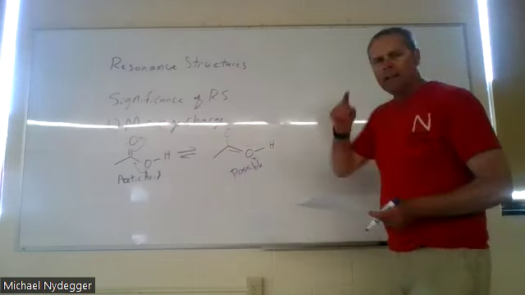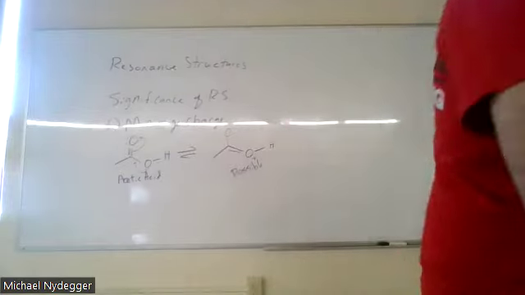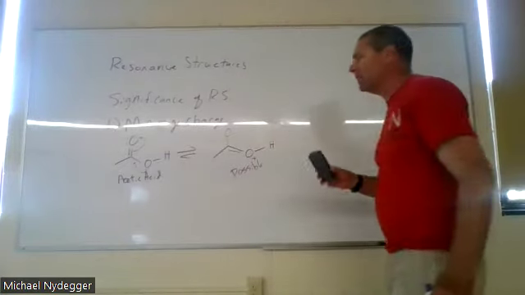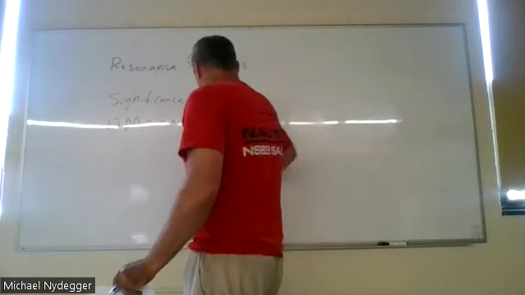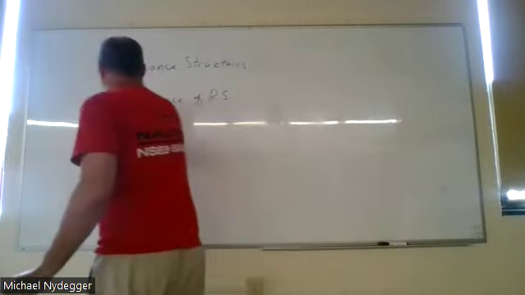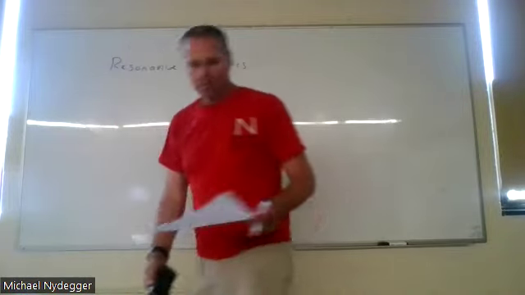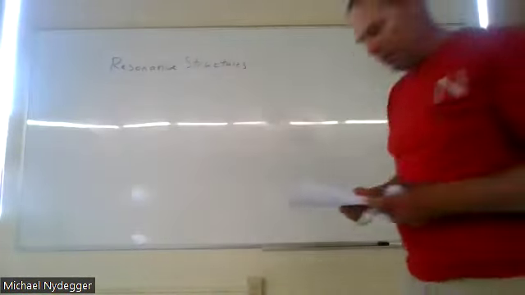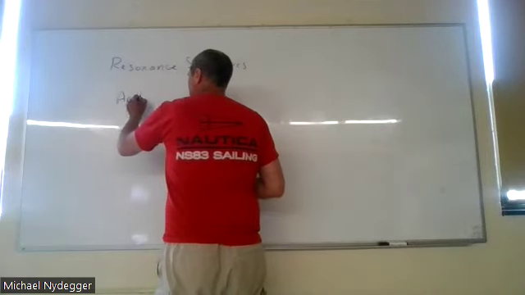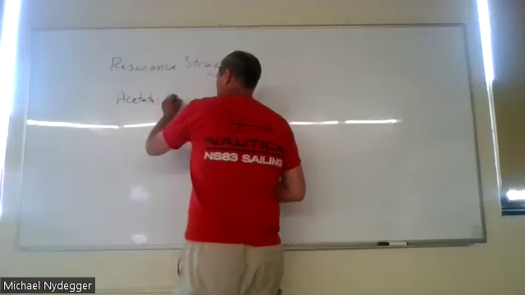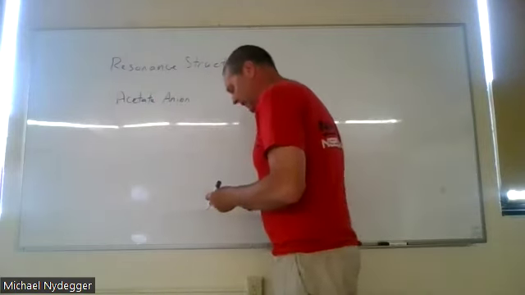And then once you get into thinking about these stabilities, we're gonna look at acids, and that becomes a big deal too. So we can look at the acetate anion.